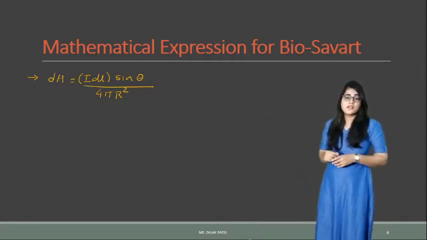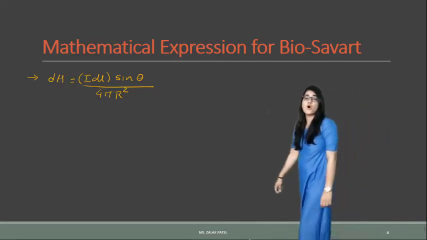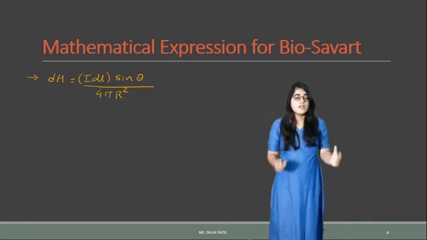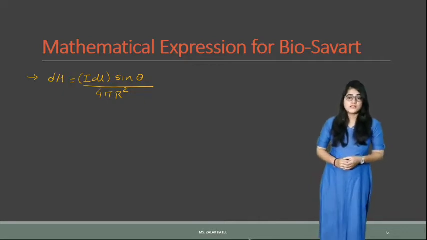The constant taken here is 1 upon 4 pi. So the complete equation for the Biot-Savart law for finding the differential magnetic field intensity is I dl sine theta upon 4 pi r square.